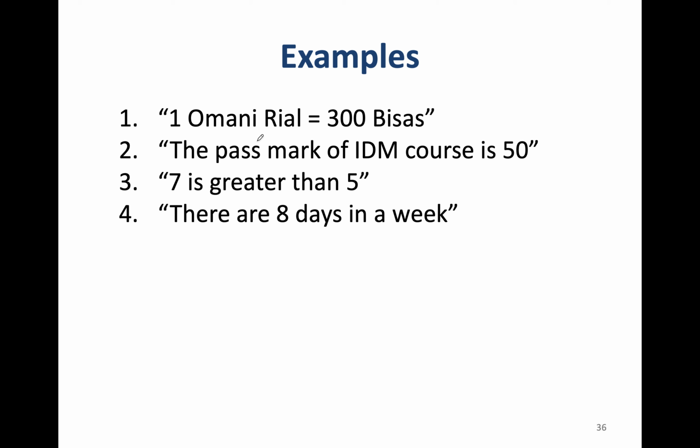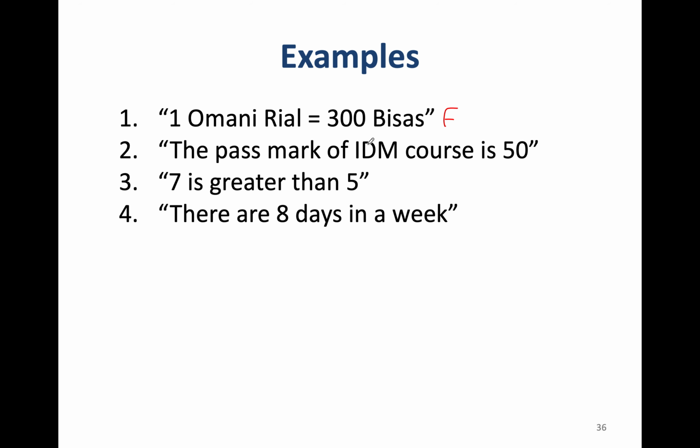As an example, 1 Omani Riyal equals 300 paisa. Now we can easily assign a truth value to the sentence. We can say that this sentence is wrong, so it has the truth value F, or false, or 0, because 1 Omani Riyal does not equal 300 paisa.